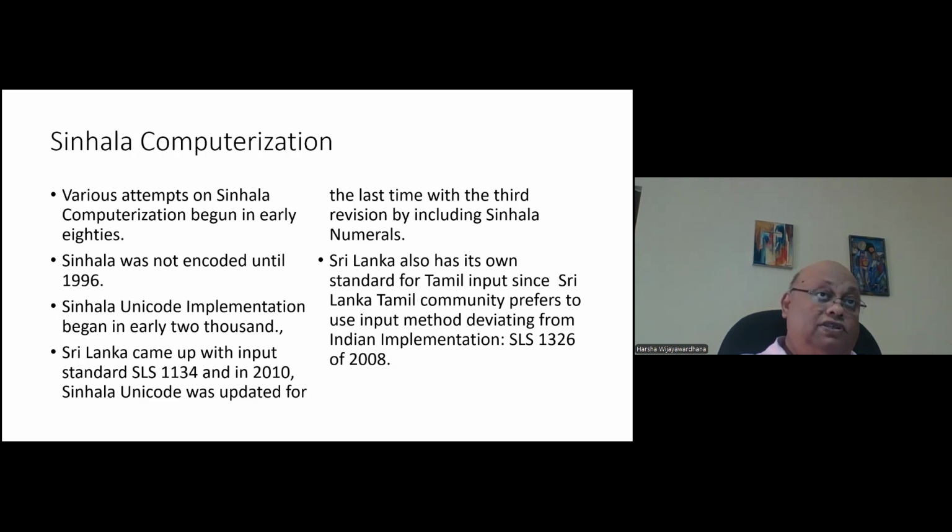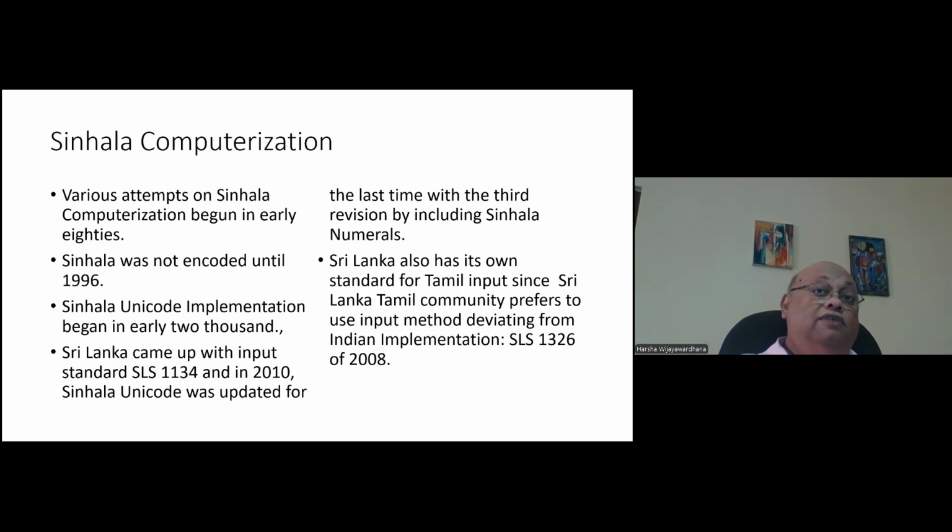But there was a lot of research also going on in Singapore with Dr. Nandasara at one particular time on creating the Sinhala Unicode implementations. However, we completed it with the release of the SLS 1134, and then we figured out how to do the rendering engine.